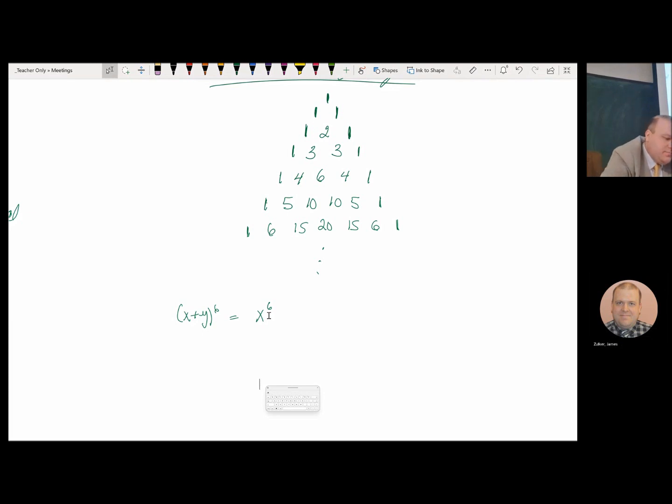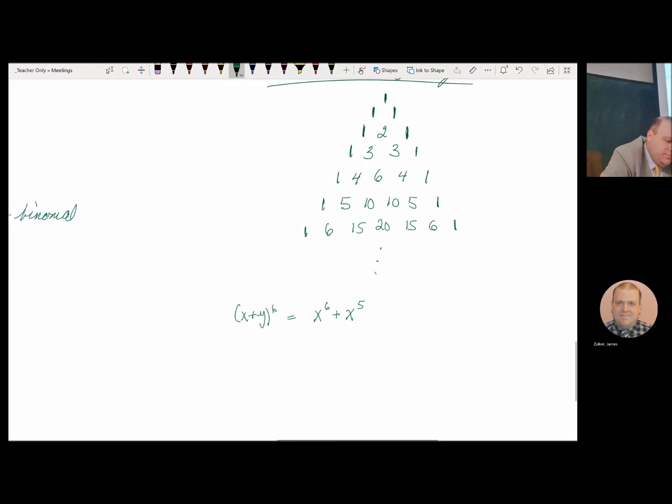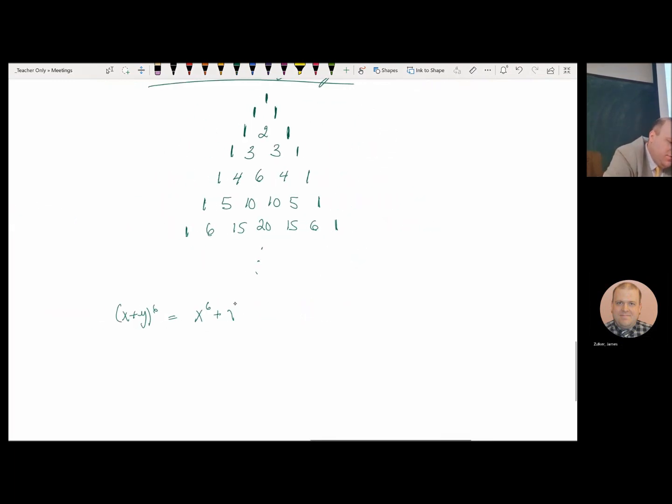Each term, subtract 1 from the power of x, and add 1 to the power of y.